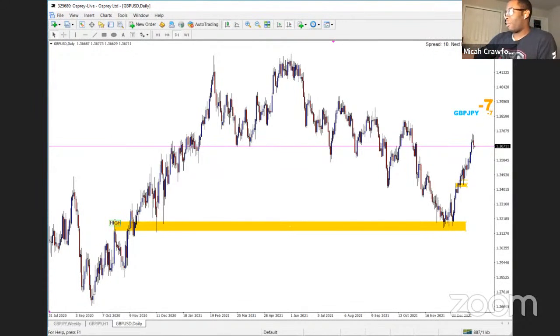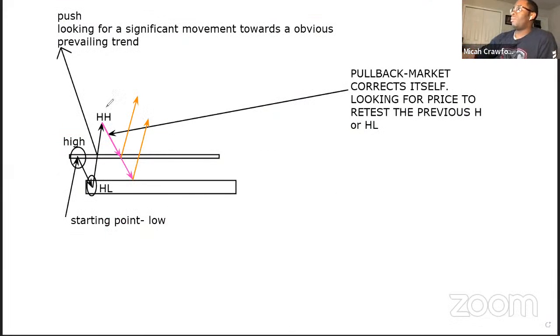That's why I refer back to this. Push, pull back, transition. Easy.